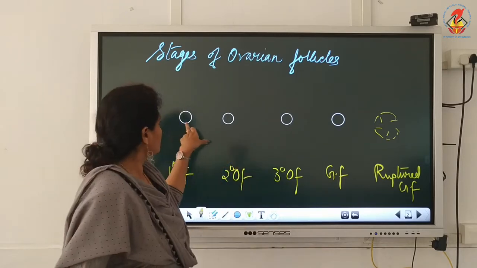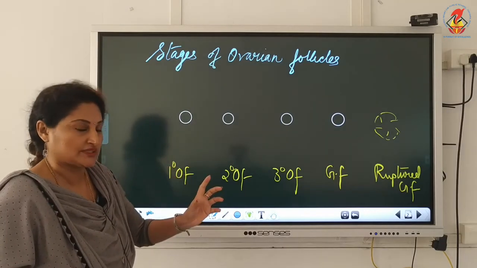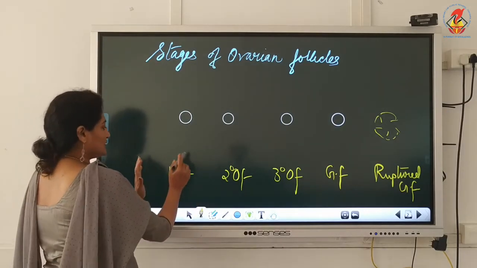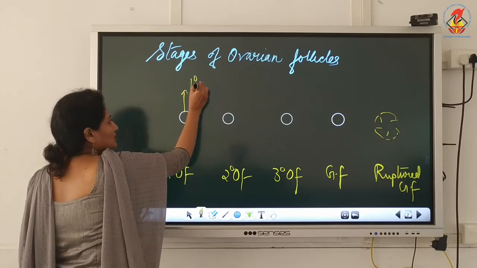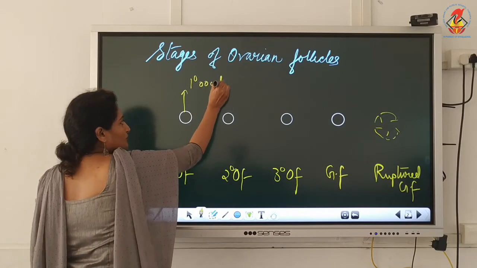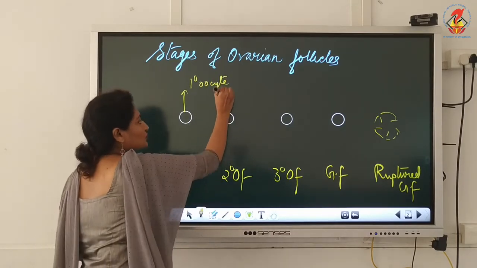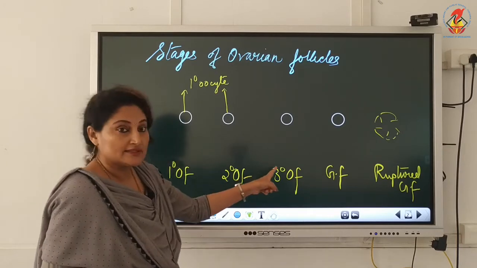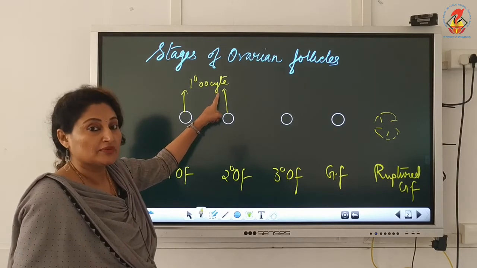Now this white circle is indicating the oocyte, but remember which oocyte. In the primary ovarian follicle, this is the primary oocyte. In the secondary ovarian follicle also, this is the primary oocyte. But in the tertiary ovarian follicle, what must have happened to the primary oocyte?